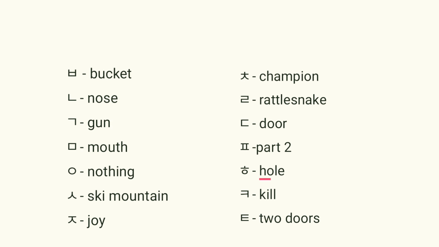An H for hole, it looks like a hole. And if you pull the trigger of the gun, you kill the person. And this letter has a sound T, T. If you remember, door was D, and this is 2 doors.